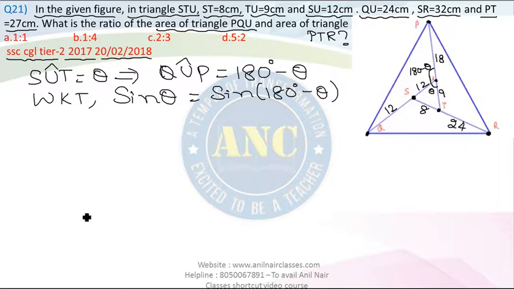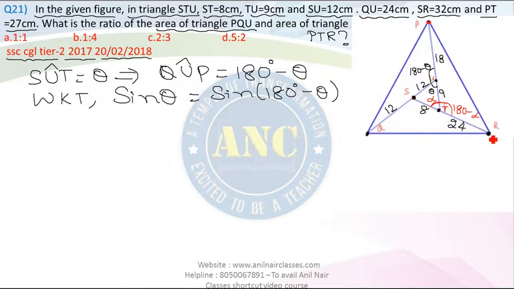Similarly, this is one case. I can also take another case, wherein I took SUT as theta, and STU I will take as some other angle alpha. If STU is alpha, then what is this particular angle? Angle PTR will be 180 minus alpha. Why? Because the angle on a straight line should be equal to 180 degrees.